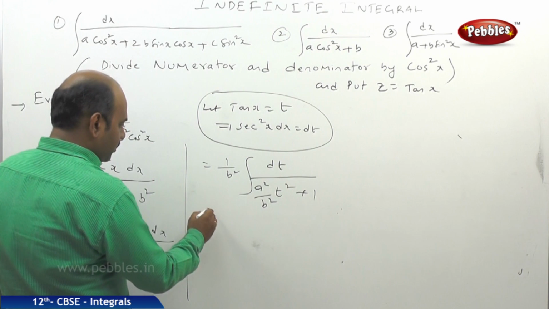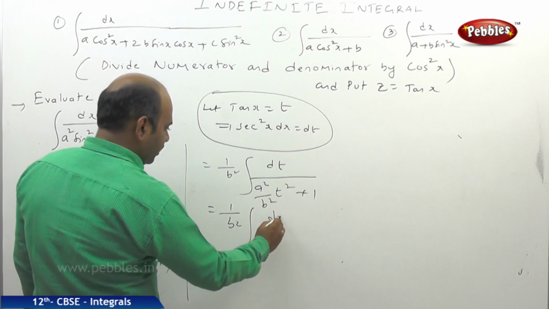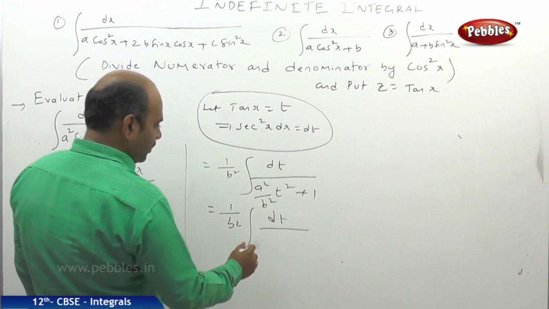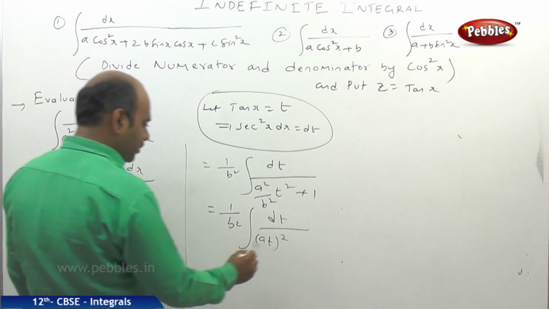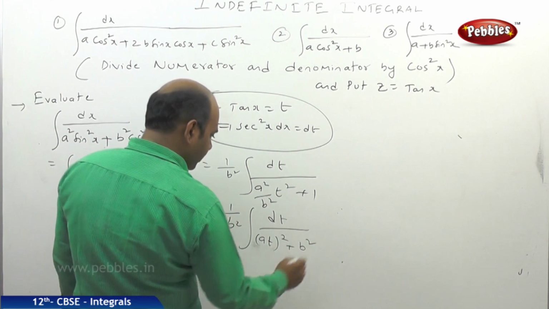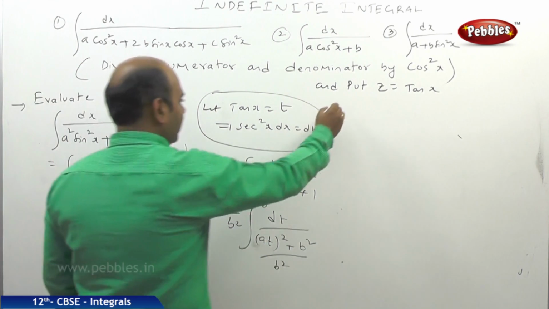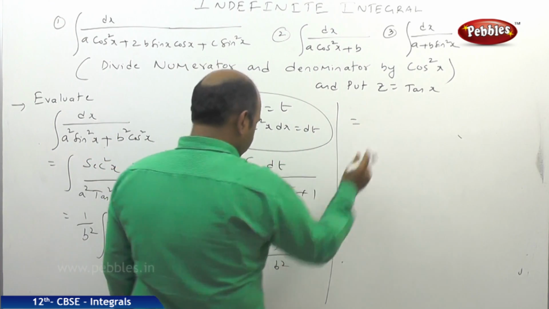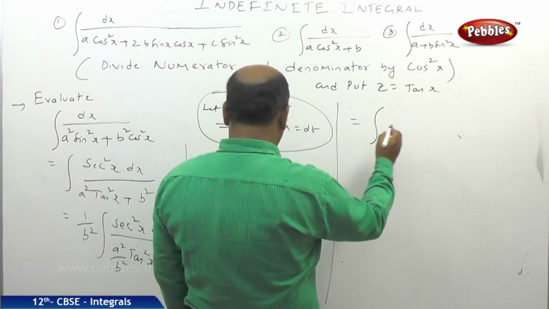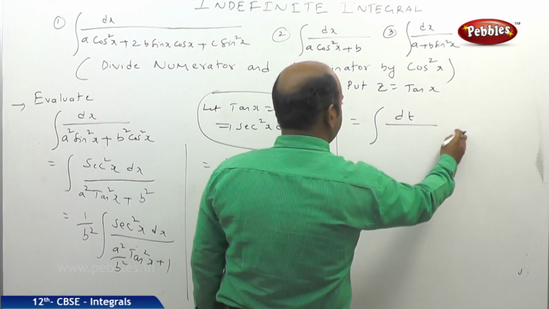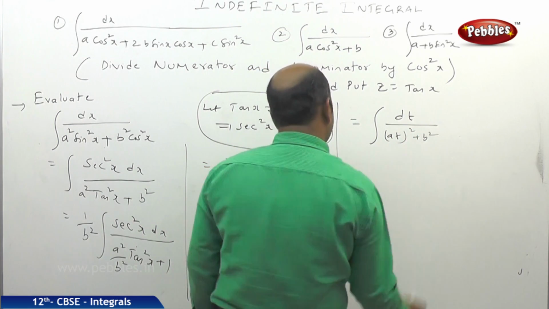So finally the problem has reduced to 1 by b square dt divided by a square t square, which I can write as (at) whole square, and here b square whole divided by b square. So what happens finally? This b square goes up, so b square gets cancelled. I am avoiding that step. Finally there remains dt divided by (at) whole square plus b square.